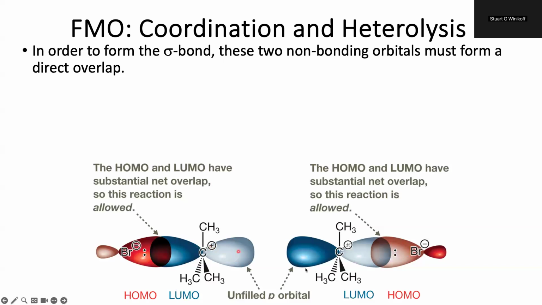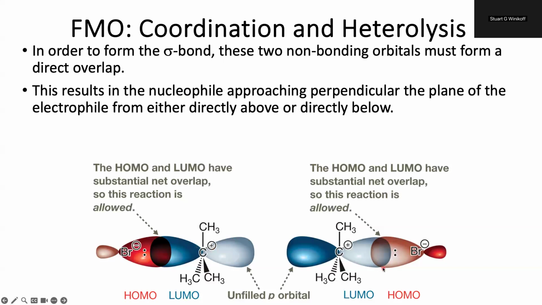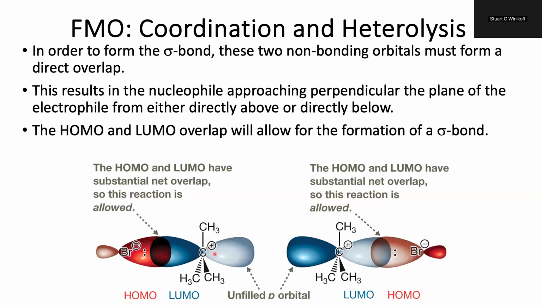So either side, I can make that direct overlap with that empty p orbital. But again, as a result, I'm going to want to make sure that my incoming hybrid orbital essentially comes in perpendicular to the plane of the molecule. This is going to maximize that overlap, giving me the best overlap, meaning giving me the lowest energy transition state.